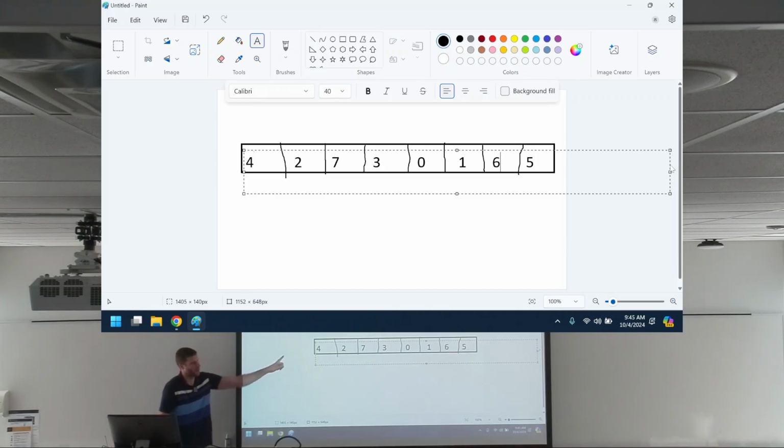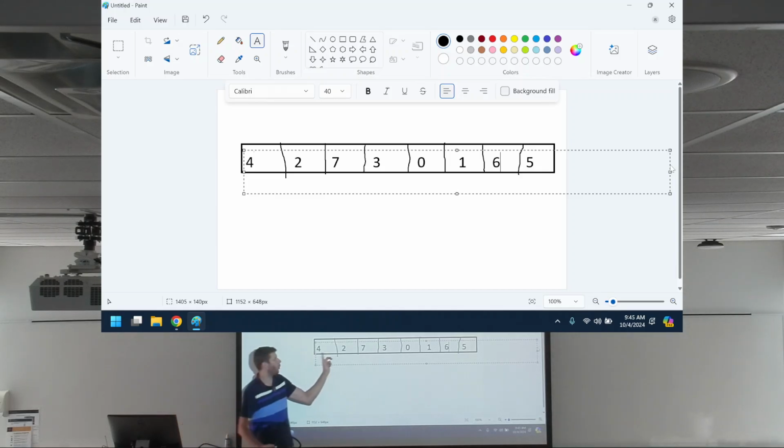If I make this a permutation, basically meaning I can only ever have one of each value here, I now also can ensure that no queen can be in the same row, right?